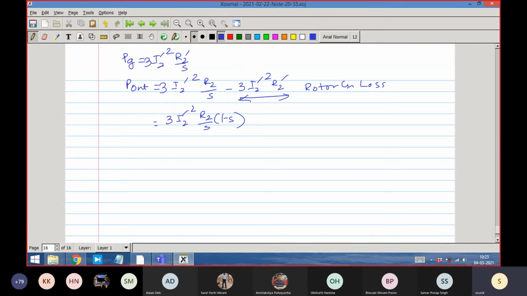So it is output, but let me name it internal. So P out external would be this P out internal minus other losses.